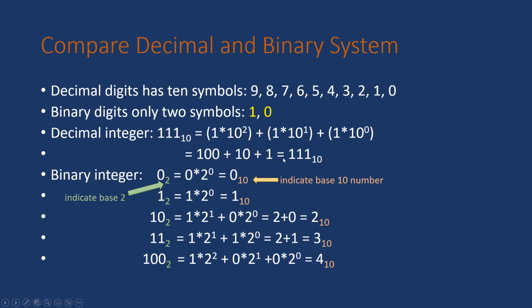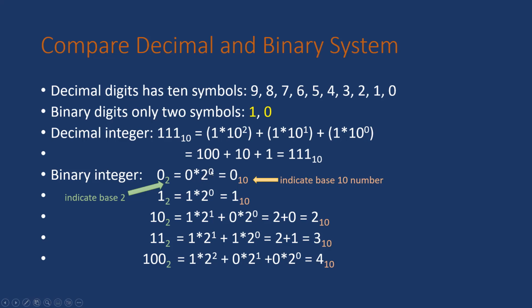So when we read this, we know this is 100, this is 10, this is 1. Then compare with a binary integer. For example, binary 0, where the subscript 2 is just a notation to indicate this is a base 2 number. Binary digit 0 is equal to 0 multiplied by 2 to the power 0.